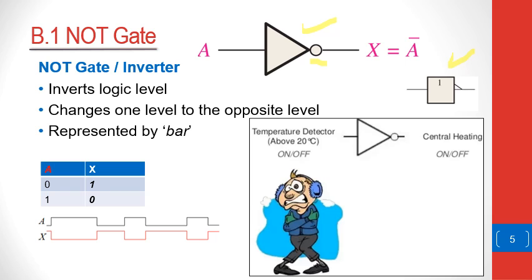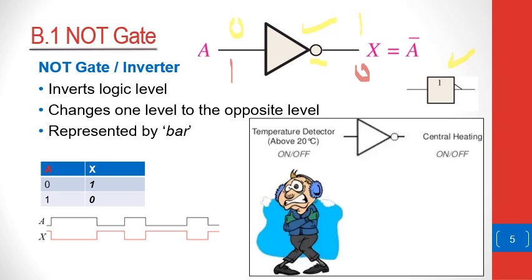So the way the logic gate simply operates is it inverts the logic. The output is the opposite of the input, which means if the input is a 0, then the output will be a 1. If the input, on the other hand, is a 1, then the output will be a 0.